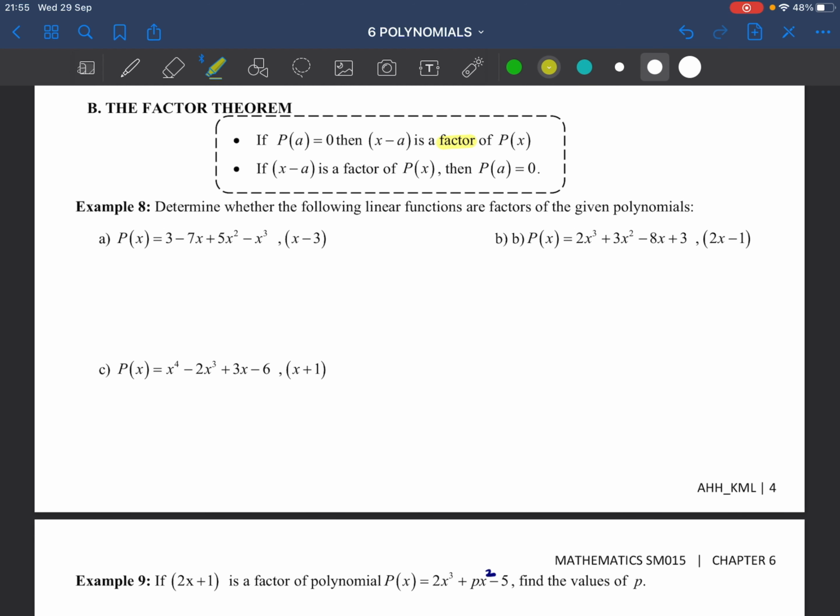Okay, kalau remainder theorem, keyword dia ialah divided. So for factor theorem, if the question said x minus a is a factor of our polynomial, P(a) is equals to 0. That means there is no remainder if x minus a is your factor.